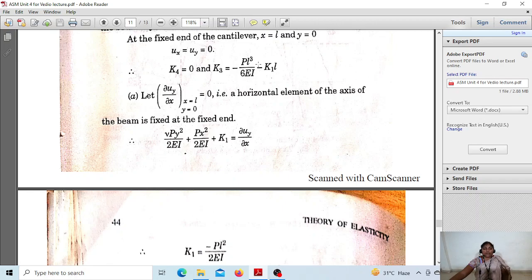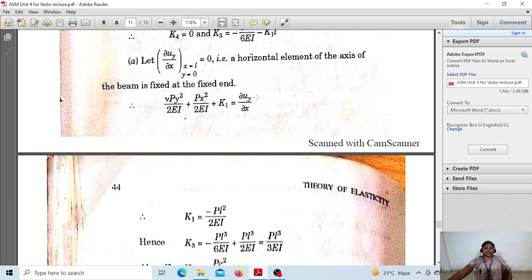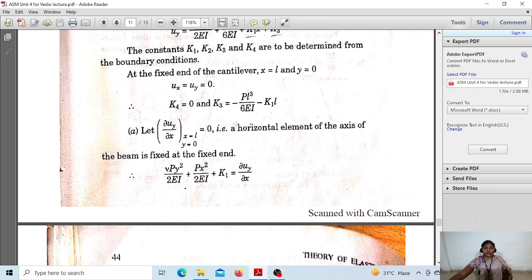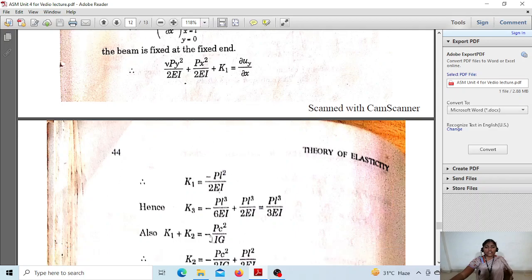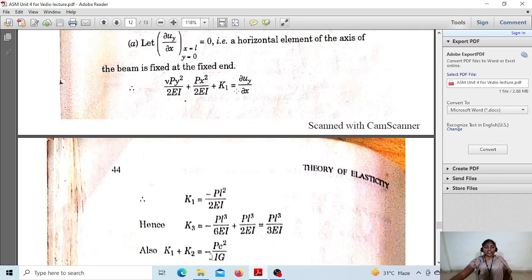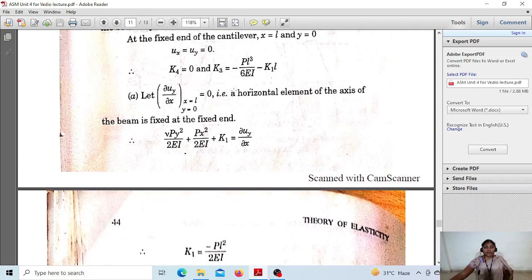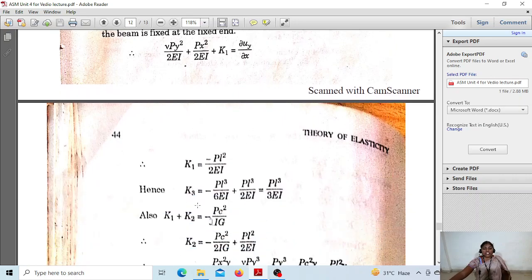But from the above equation, you know that k1 is equal to k1. So if you solve this condition, you will get k1 is equal to minus pl square by 2EI. From the above equation, you know k3 is equal to minus pl cube by 6EI minus k1 L. If you substitute k1 here, then you will get k3 is equal to pl cube by 3EI.